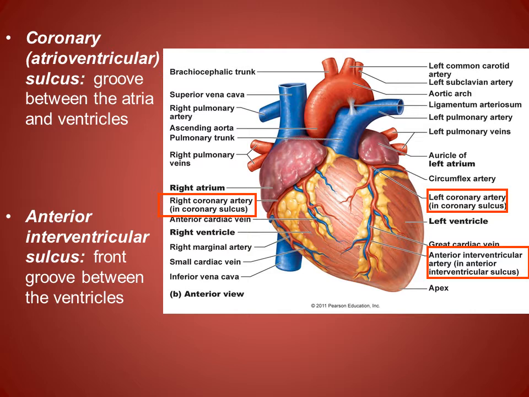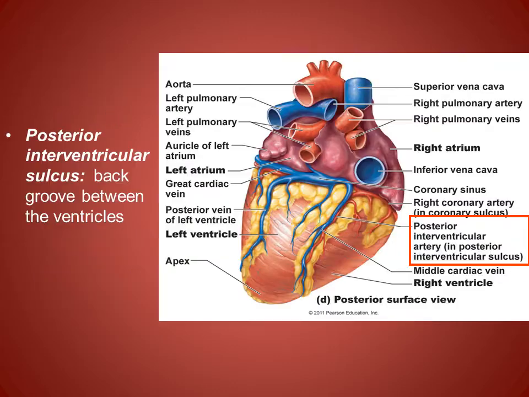And then there is also another indentation or sulcus that's called the anterior interventricular sulcus. As the name implies, interventricular, it lies between the left and the right ventricles. On the posterior side of the heart, there is a posterior interventricular sulcus as well. And once again, you'll notice that the major arteries and veins do tend to lie in these sulci, in these grooves.